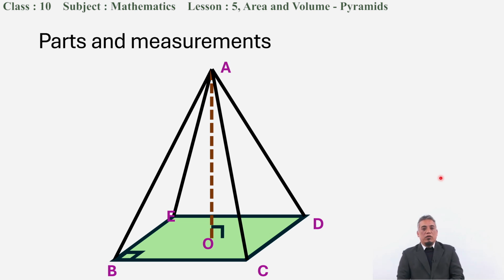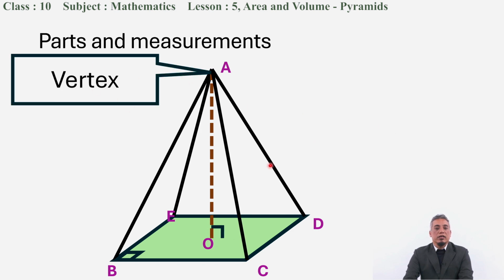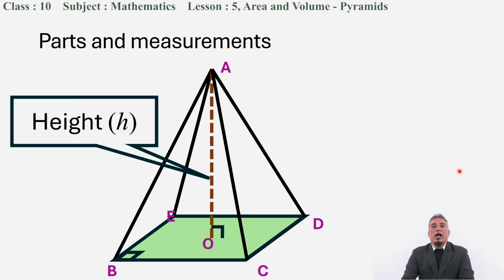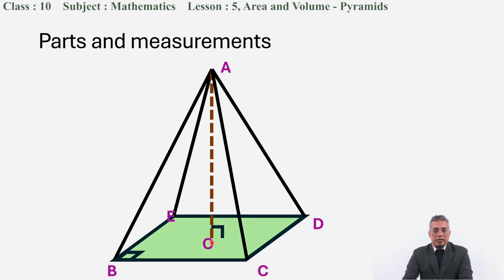Okay students, now let's discuss on parts and measurements of pyramid. So you can see here A is vertex, the topmost point. We call it vertex. And next this line, the perpendicular line drop from A to the base at O. This line is called height of the pyramid, and its length is denoted by H. This is the base.